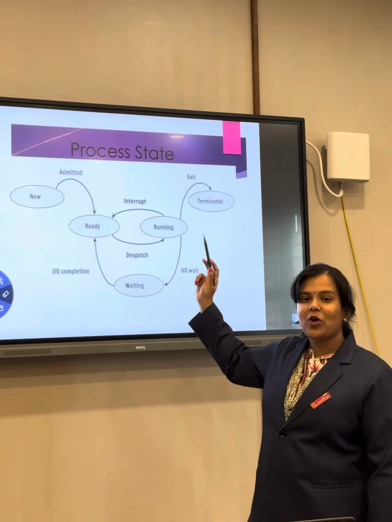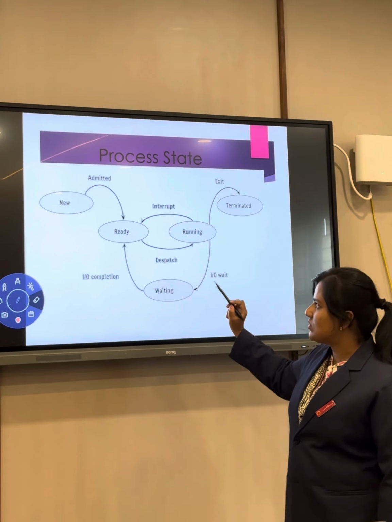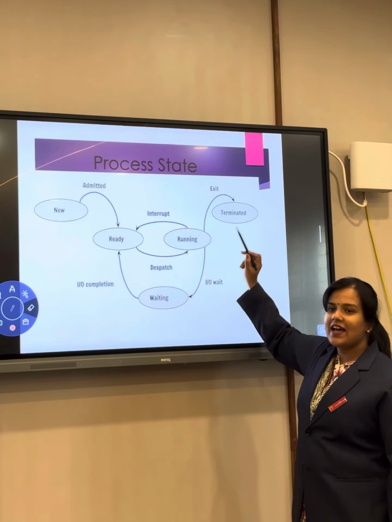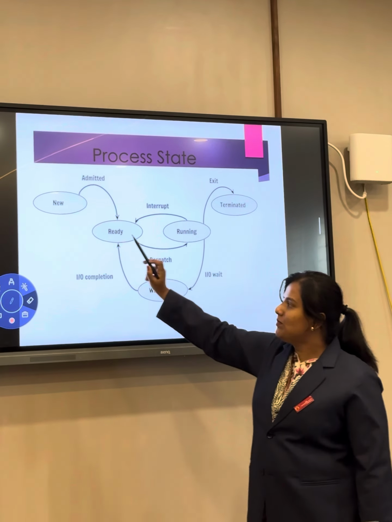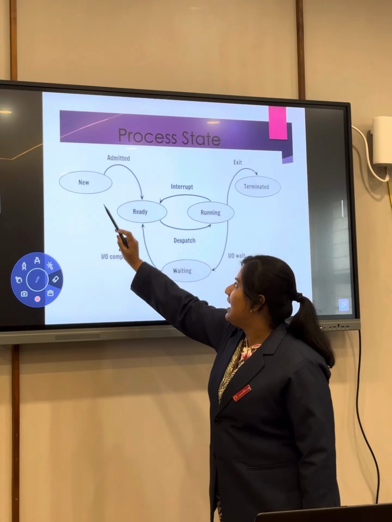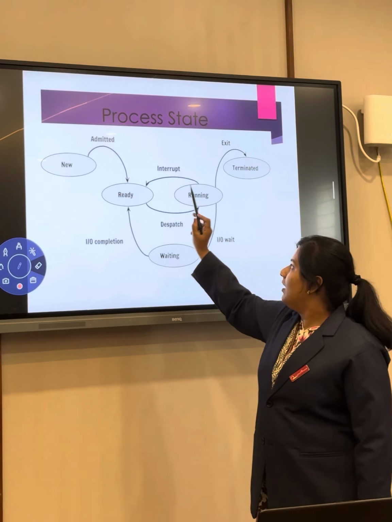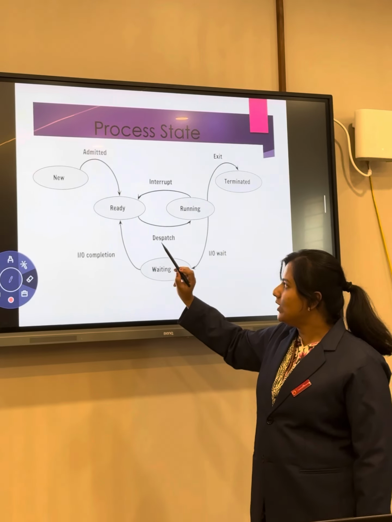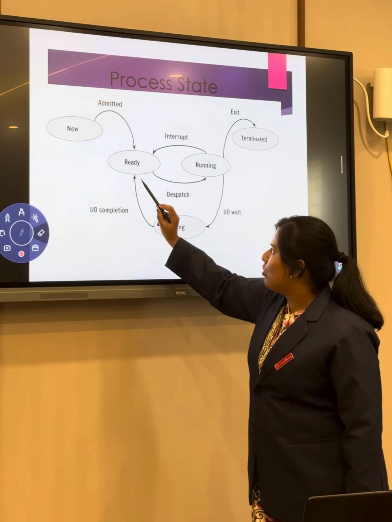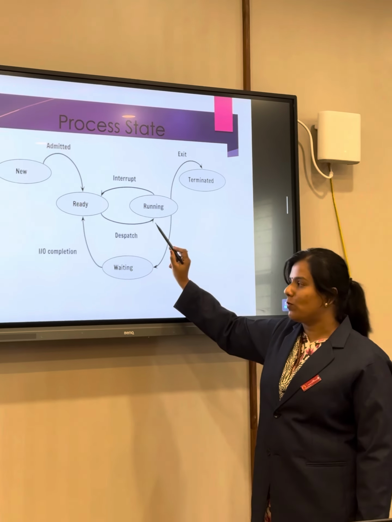This is the process state diagram, which includes all the 5 states: new, ready, running, waiting and terminated. The initial state is new, that is, the process is being created and admitted to the ready queue, waiting for CPU time. Once the process is ready for execution, it goes to the running state, that is, it goes to the CPU.